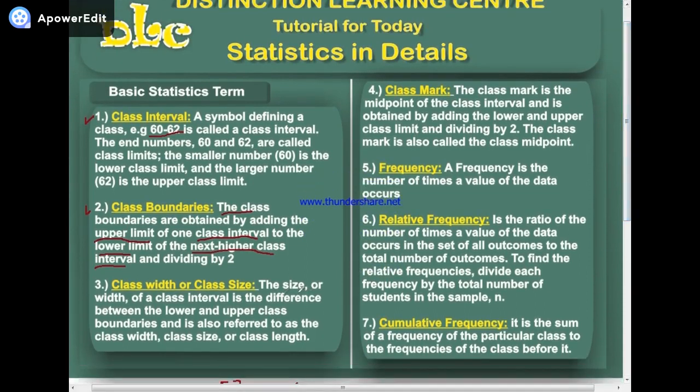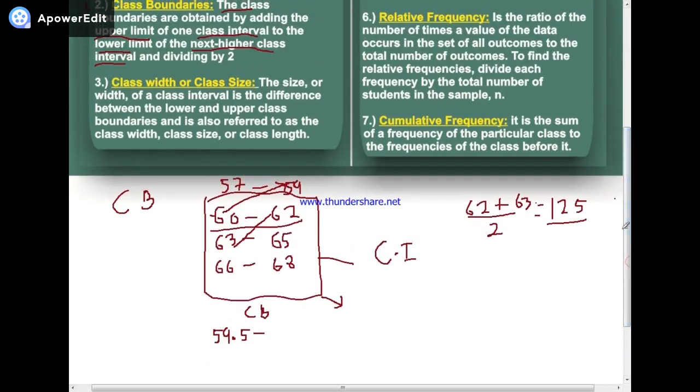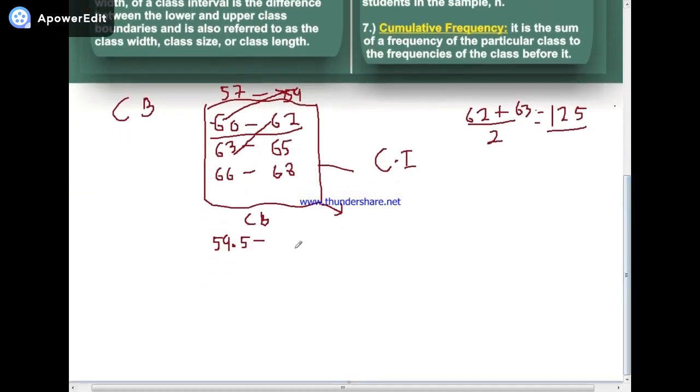They say the size or width of a class interval is the difference between the lower and upper class boundary and is also referred to as the class width, class size, or class length. That is the difference between the lower class boundary and the upper class boundary. So it's known as our class width.